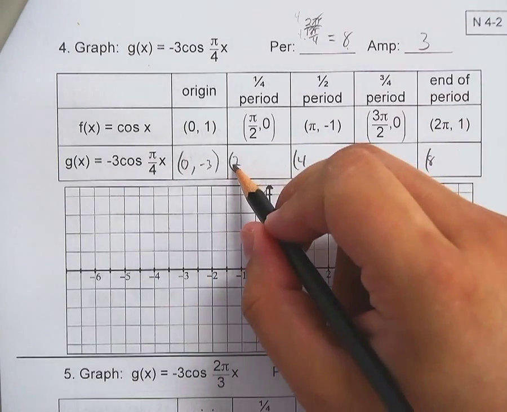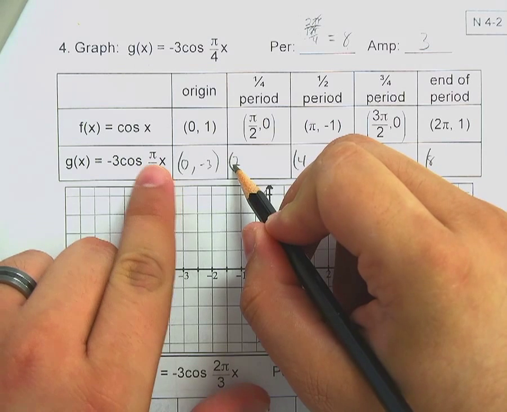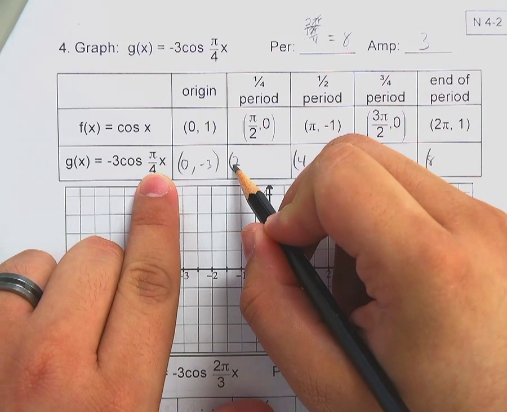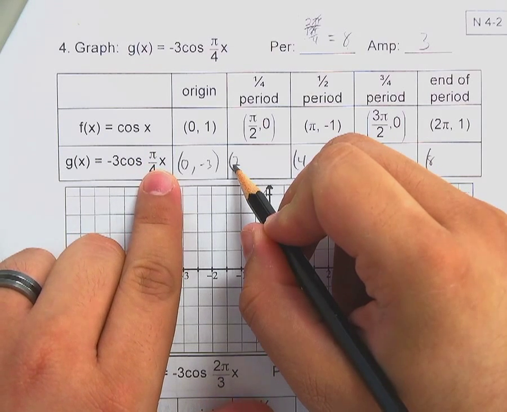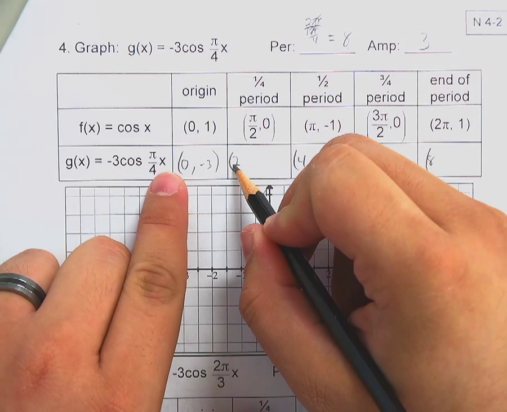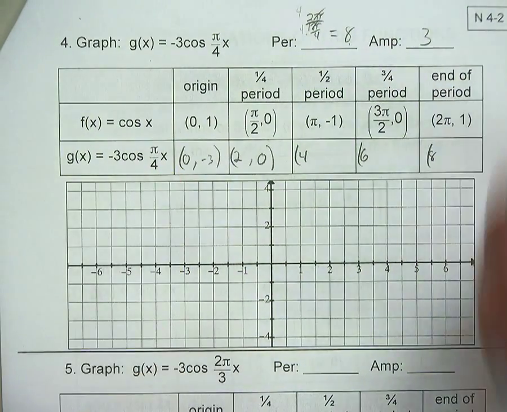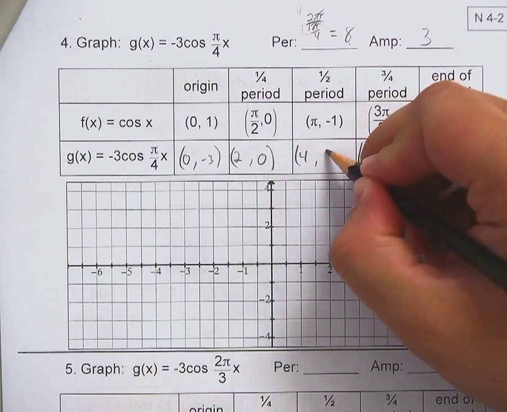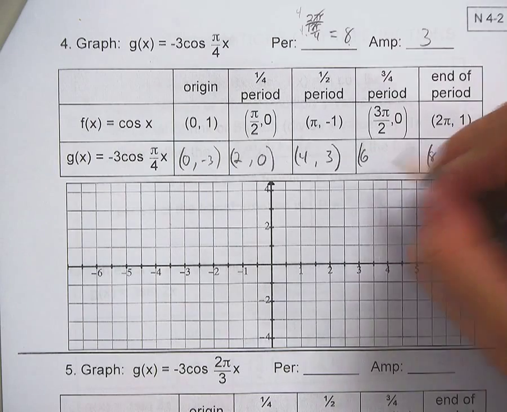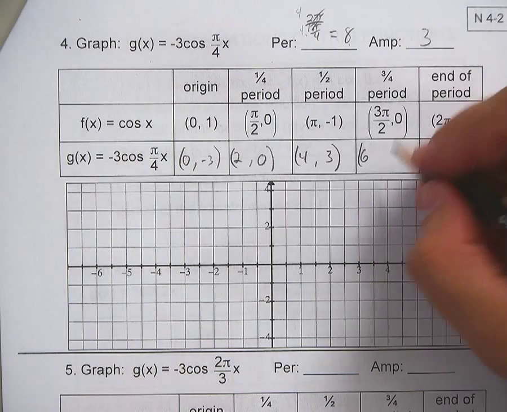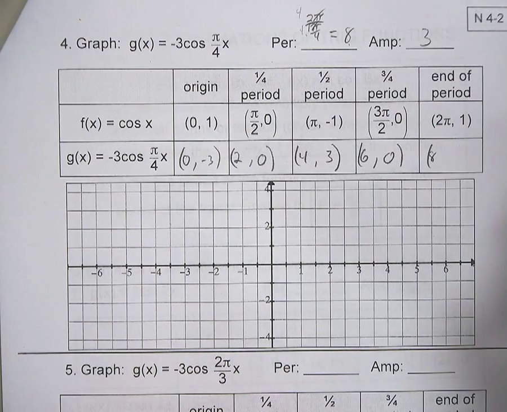If you plug in a 2, so this will be 2 pi over 4, which is pi over 2. Cosine of pi over 2 is 0 times -3 is 0. So go through just like that. We're going to fill these in. 3, let's see, 0 and -3.